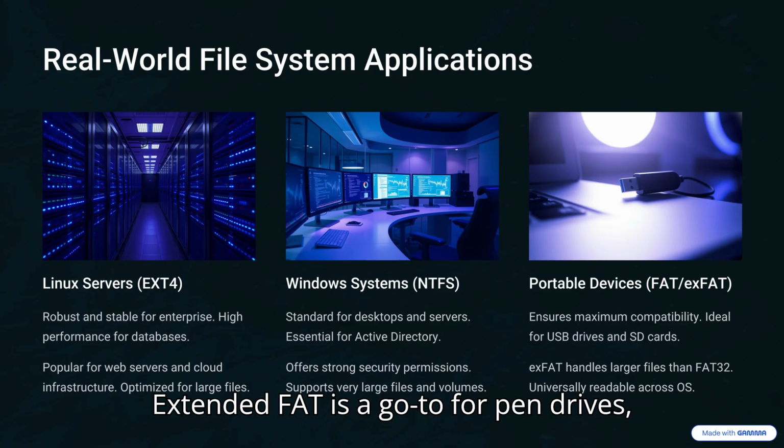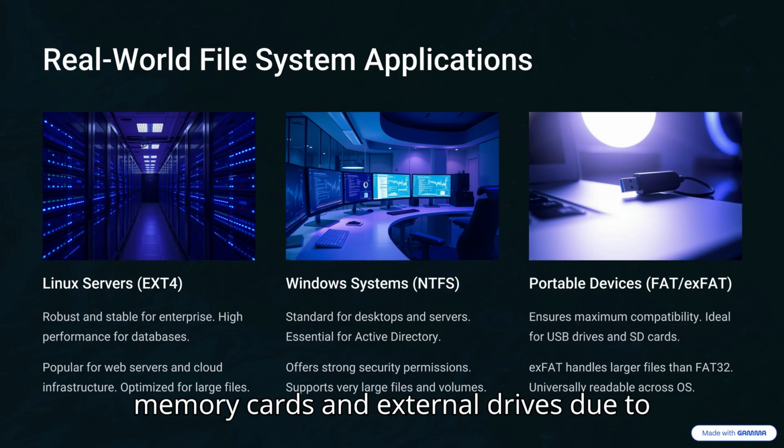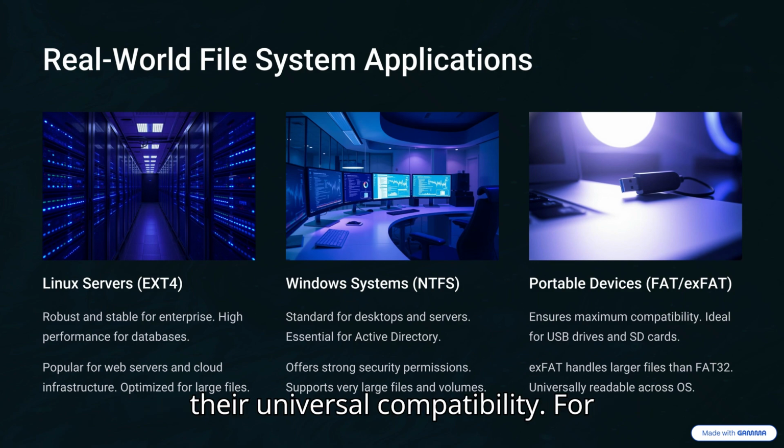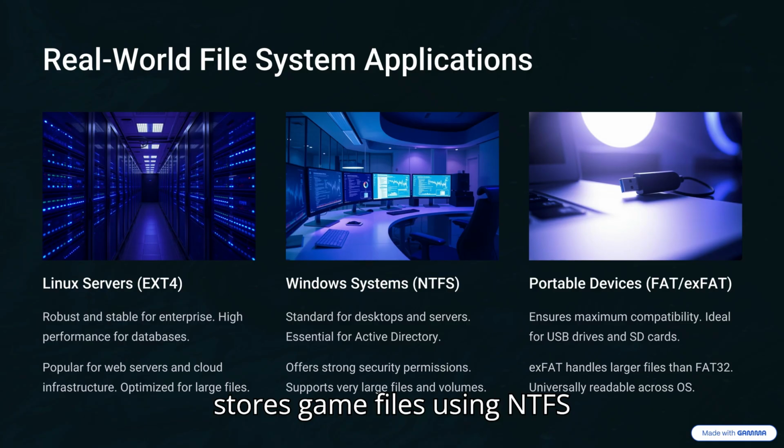FAT or exFAT is a go-to for pen drives, memory cards, and external drives due to their universal compatibility. For example, Amazon AWS servers use ext4, your Xbox stores game files using NTFS, and a GoPro memory card is typically formatted as exFAT.